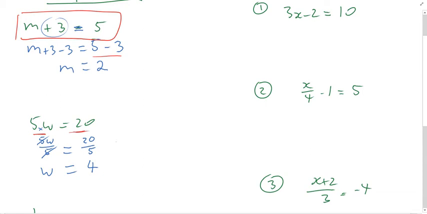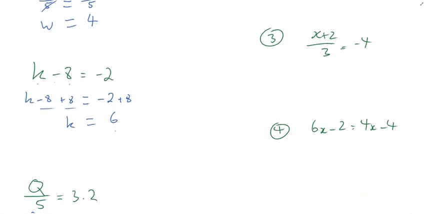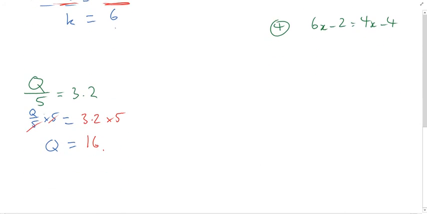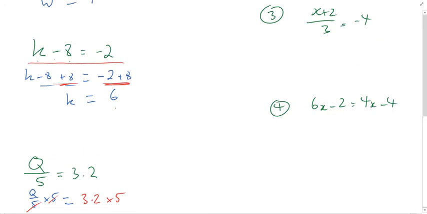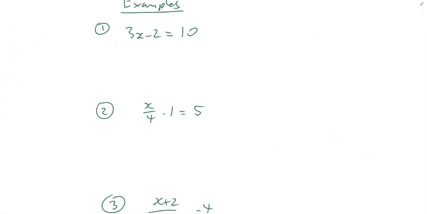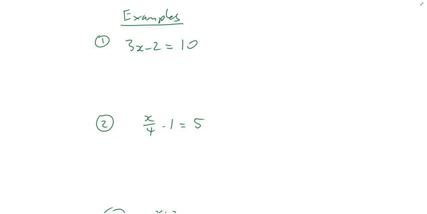I undo that by doing the opposite of timesing, by dividing. Here I've been minus by 8. I undo that minusing 8 by doing the opposite, which is plussing. And here it's been divided by 5. I undo that dividing by 5 by timesing. The opposites are key.